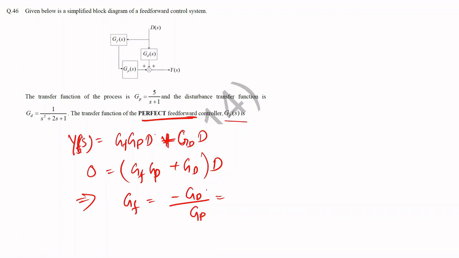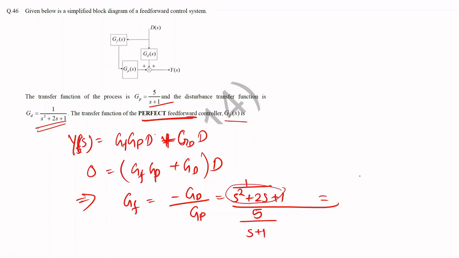Now we can replace the individual transfer function values. The disturbance transfer function Gd we have been given as 1 upon s square plus 2s plus 1, and for the process we have been given 5 upon s plus 1. Now this is s plus 1 whole square. So we can replace the denominator as s plus 1 whole square upon 5 upon s plus 1.